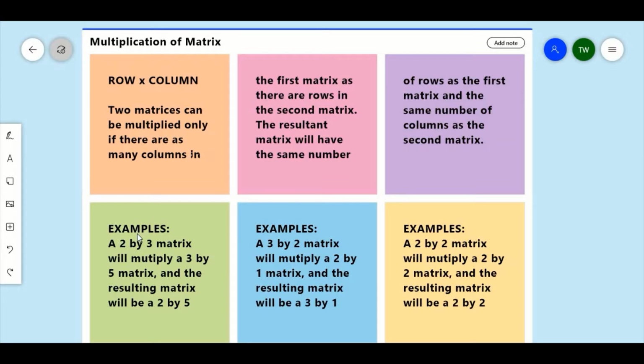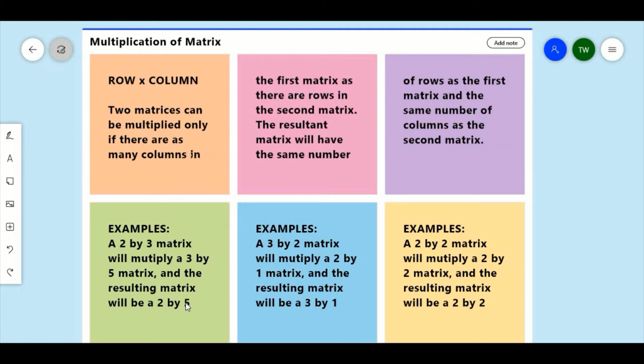Example, let's say that you are given a 2 by 3 matrix to multiply with a 3 by 5 matrix. Then your resultant matrix is going to be a 2 by 5 matrix, right?